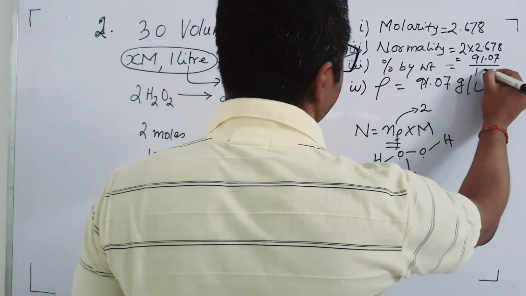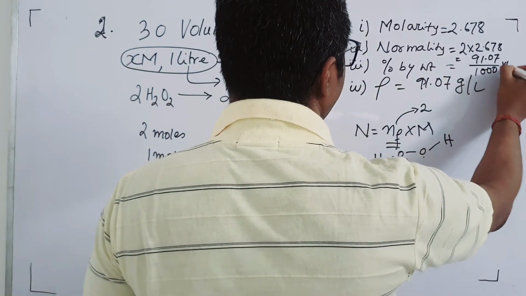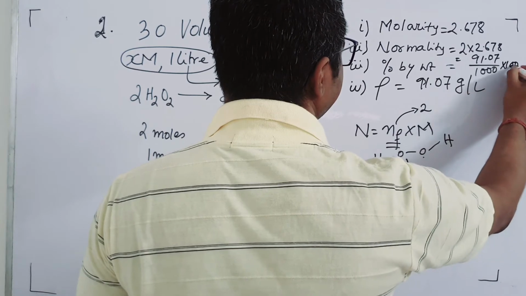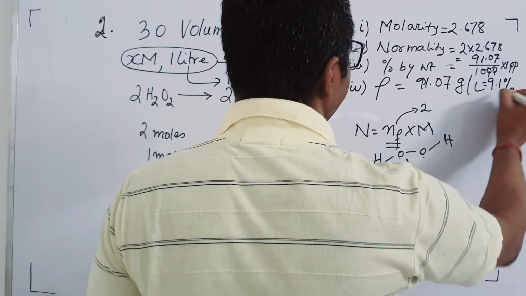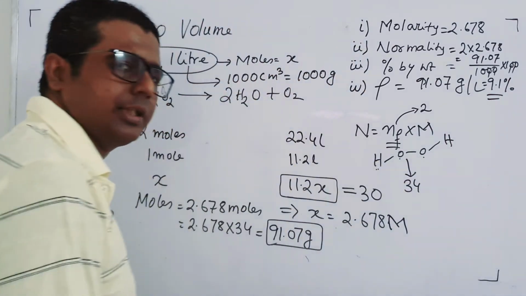So just write 1000 gram over here into 100 because you need to calculate percentage. So this is 9.1% approximately, 9.107. Clear guys?